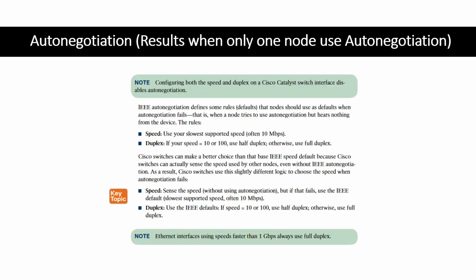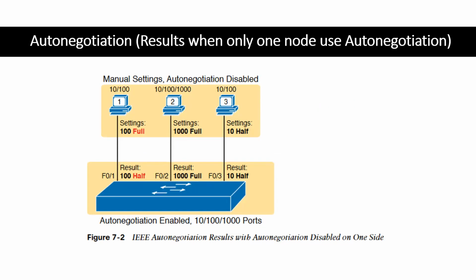It defaulted to 100. But if we look at the other rule, if the speed is 10 or 100, use half duplex, otherwise use full. What did it do? It heard the electrical signals and saw that data was being sent to it at 100 megabits per second, so it defaulted to 100, because of course it supported that.